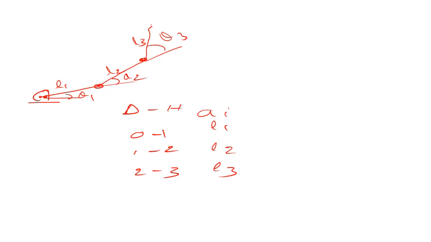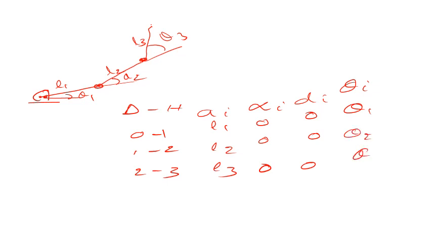Alpha i would be all 0, all the z's are parallel. Similarly, d_i will also be all zeros, and theta i would be theta 1, theta 2, and theta 3. So once you have this DH table, you can straight away find A01, A02, and A03.